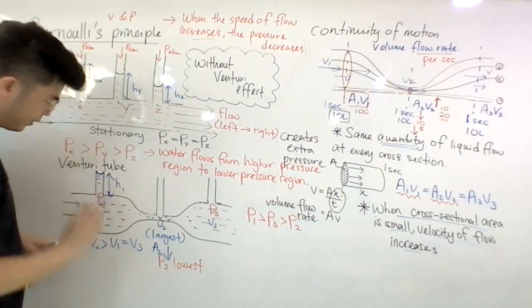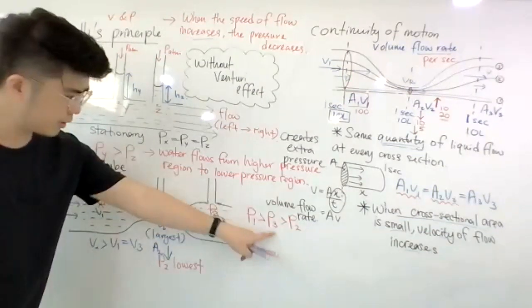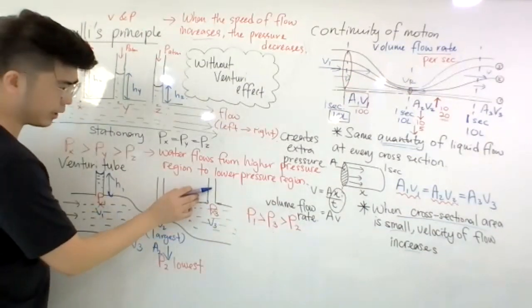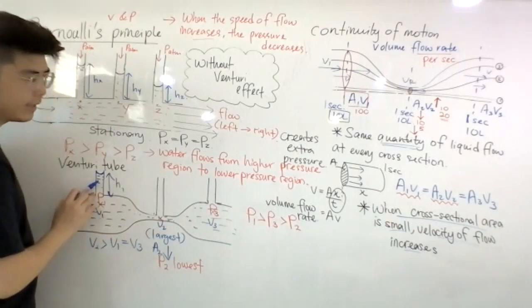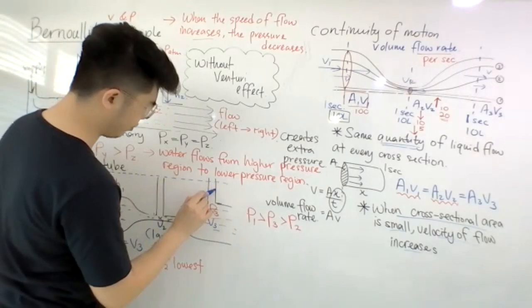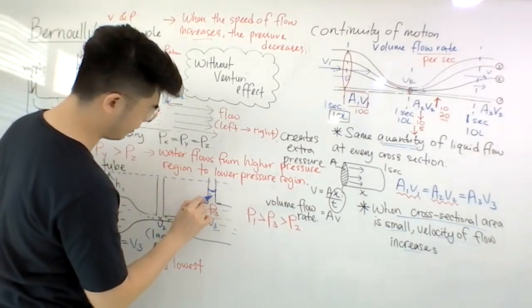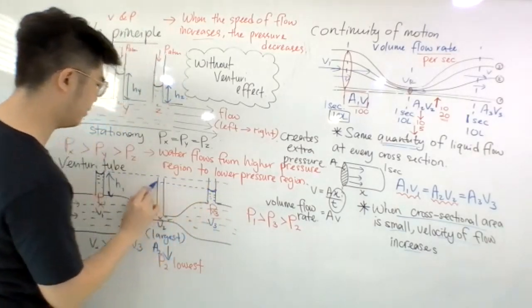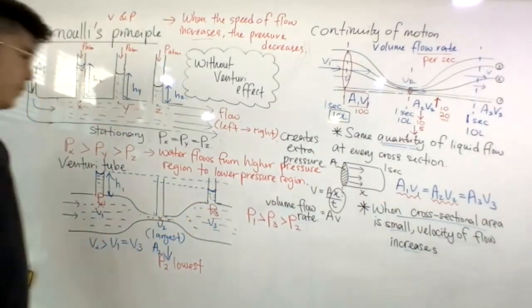H1. Second, P3 is the second one. So it will push the liquid high, but not higher than this one. If this is here, this would be smaller than that one, like this. Okay, this is H3.